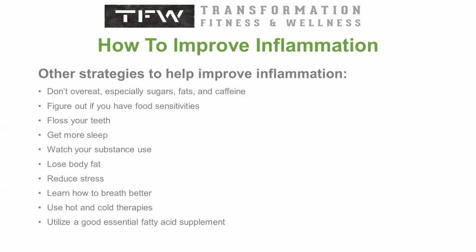Use hot or cold therapies, because hot therapies especially affect that IL-6 protein, which will pull your body's natural inflammatory response down. And utilize a good essential fatty acid supplement, because essential fatty acids will help pull the overall inflammation down. So this is a list of things you want to implement to pull down your overall body's inflammatory response.